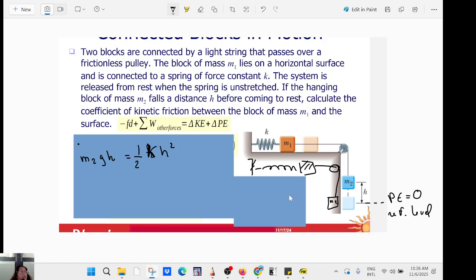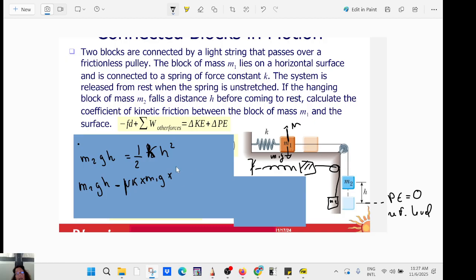Now, if you do have kinetic friction on the way, then you have to do M2 G H minus the work done by friction. That will be the coefficient times the normal force. If you have friction here, you have the normal force and you have the weight. The normal force will be M1 G times the distance.